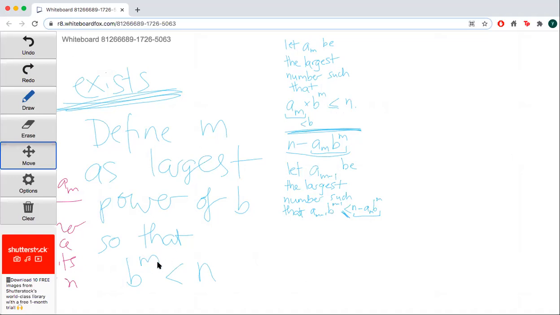These all need equal signs, and then 100 is just 10 squared. So I want equality to be okay as well.